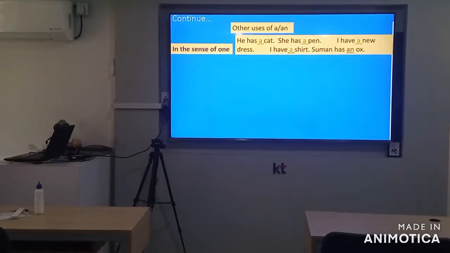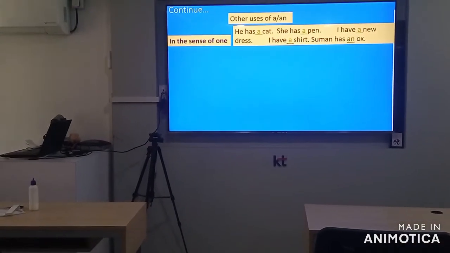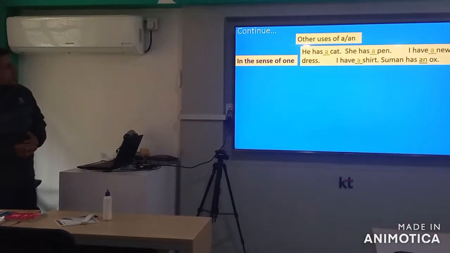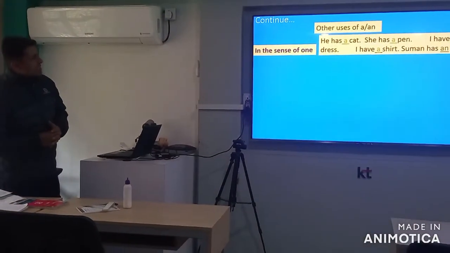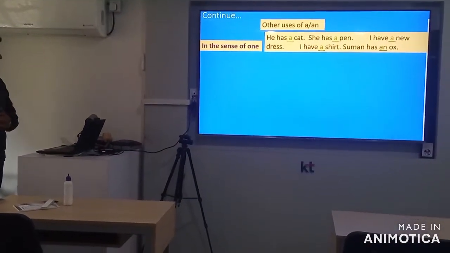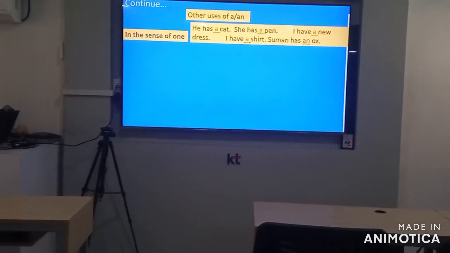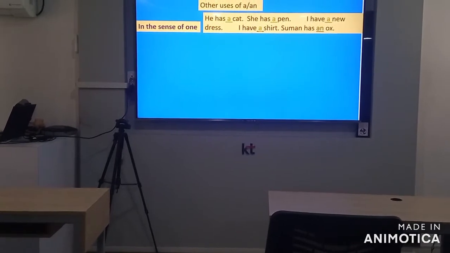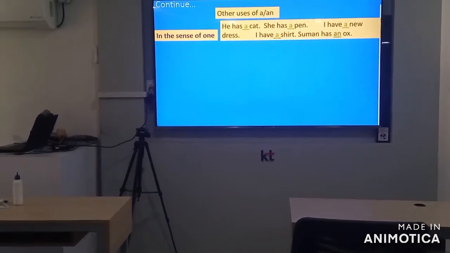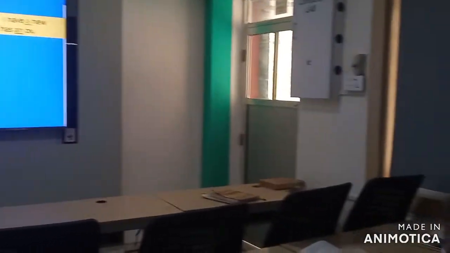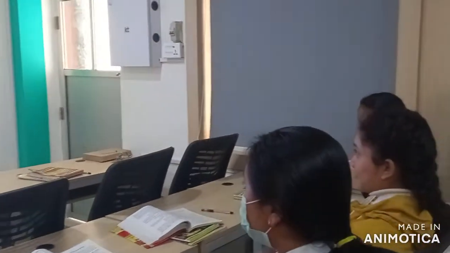He has a cat. She has a pen. I have a new dress. I have a shirt. Someone has an ox. So all represent only one, right? All having only one. In that situation we use either a or an, right?